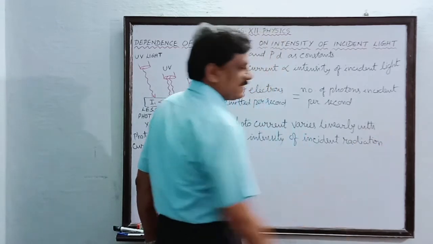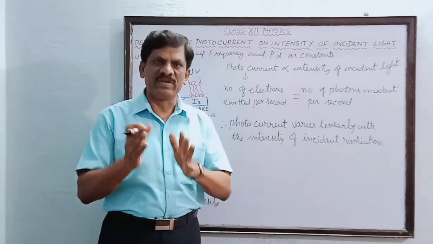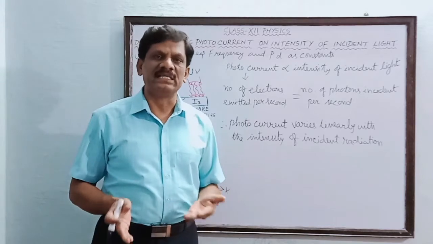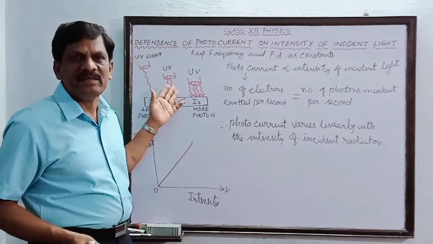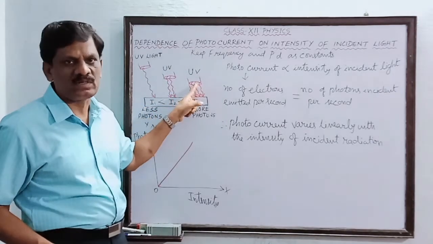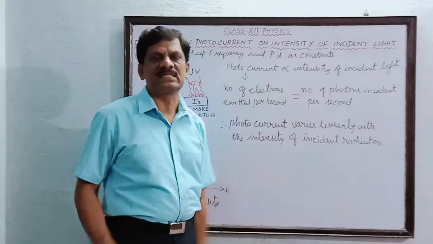So here once again, what are the important points you should remember? Keeping the frequency constant. How to keep the frequency constant? By using the same source of light. For example, ultraviolet is the same source of fixed frequency. Then how do you keep the potential difference constant?